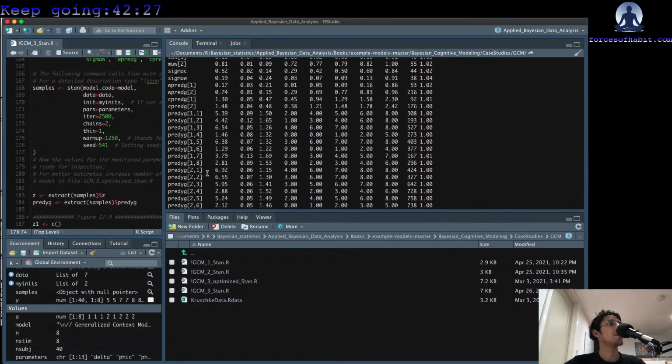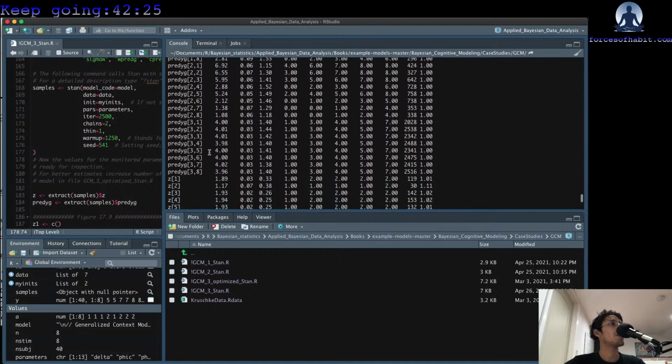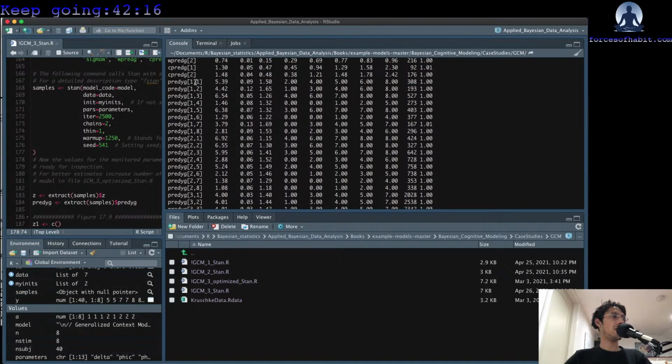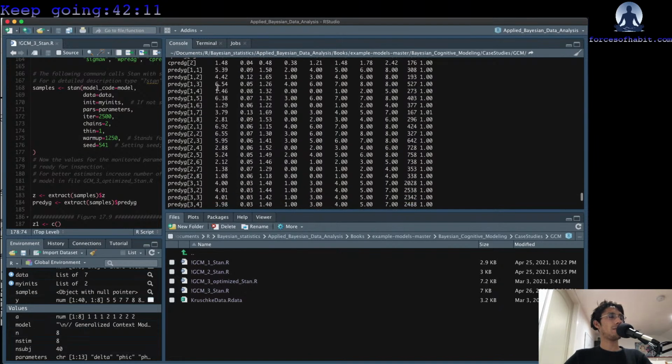So here for each of the subjects, 2 and 3. Oh, no, it's not for each of the subjects. Sorry, G stands for group. So this is each of the predicted groupings for each of the items.